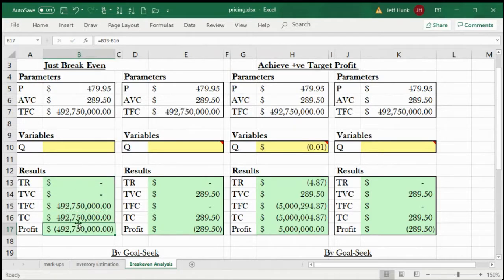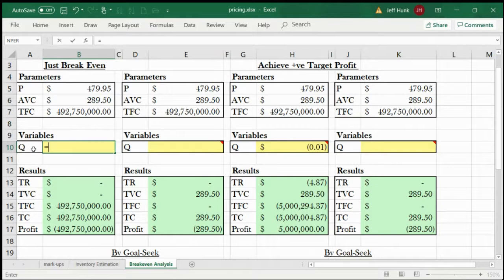cost, right? Currently, it is negative because we have no revenue, but if we are breaking even, this would be zero, isn't that right? So here we are going to find the break-even quantity, right?